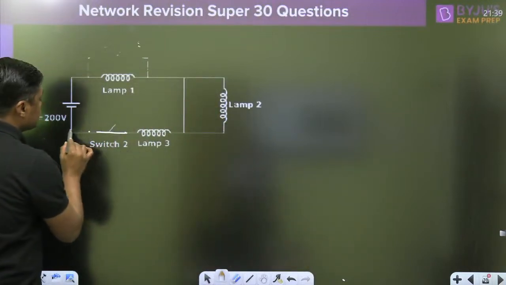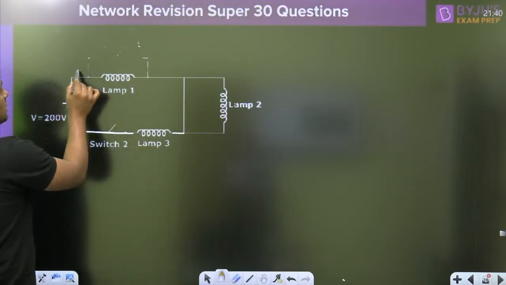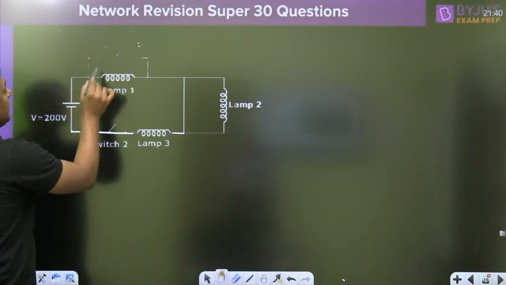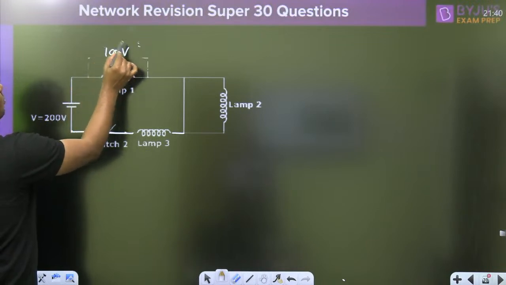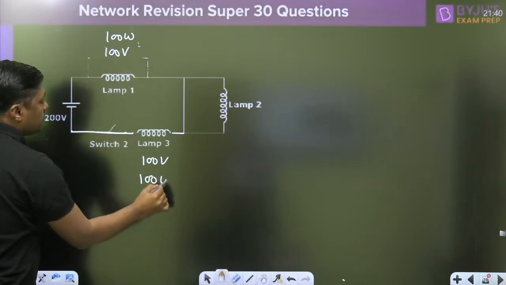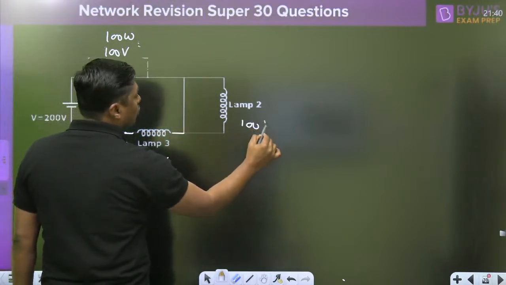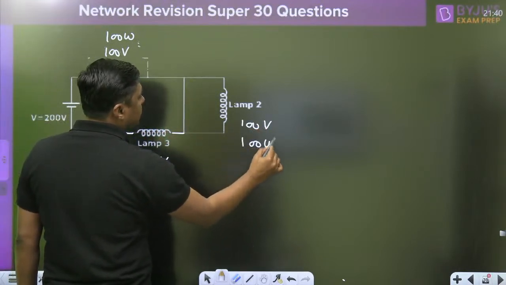This is the lamp L1, and what is the rating? 100 volt. What is the power? 100 watt. What is the rating? 100 volt. What is the power? 100 watt. Means these two are identical, 100 volt, 100 watt power rating.